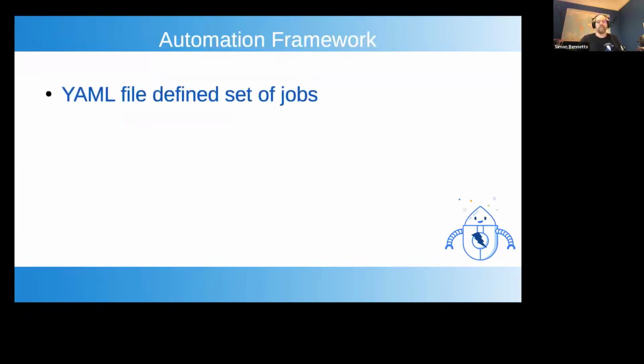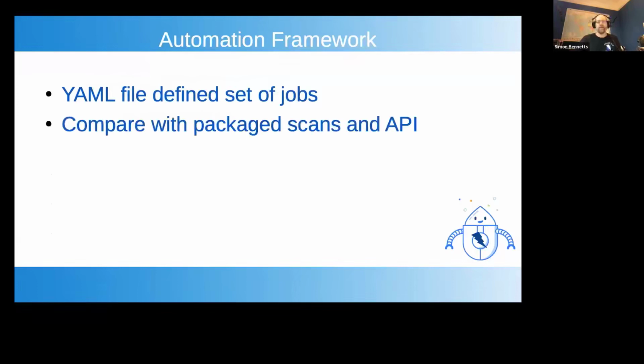The whole idea is that there's one YAML file that defines everything that ZAP will do. Now, automation is already one of ZAP's strengths, and a lot of people use ZAP in automation, particularly using the package scans and the API. So why do we have this new automation framework?